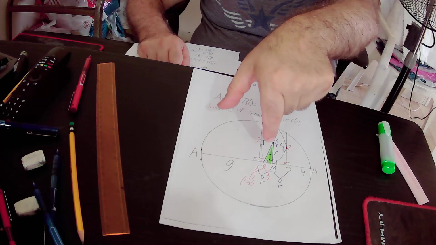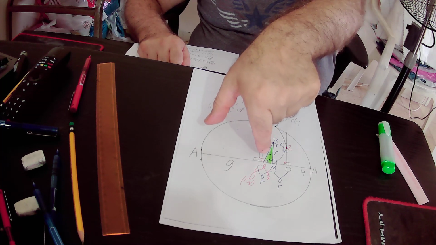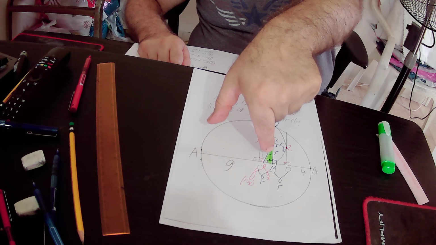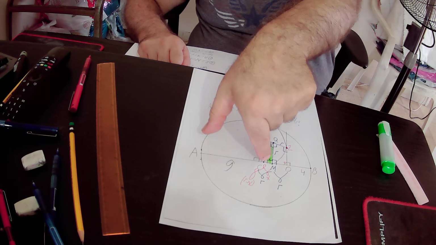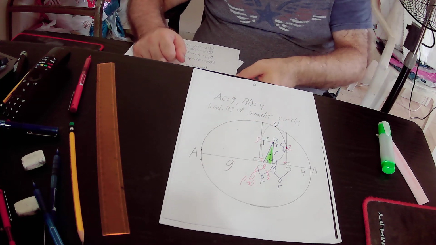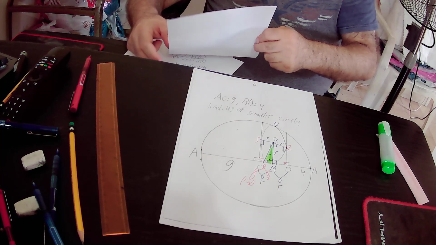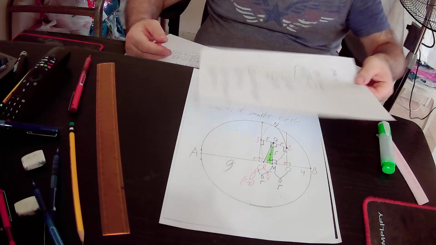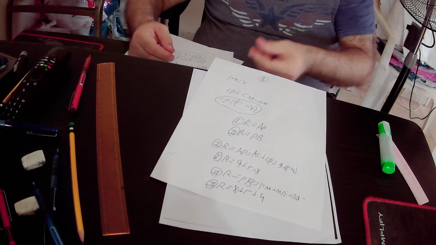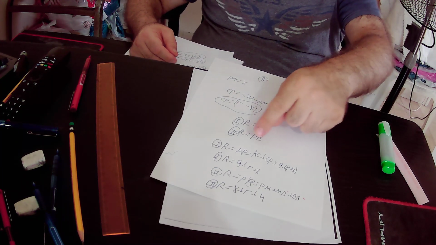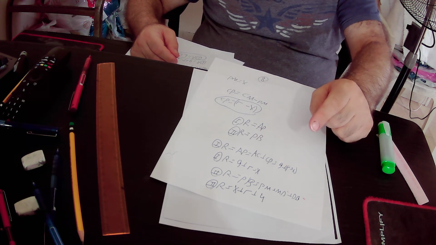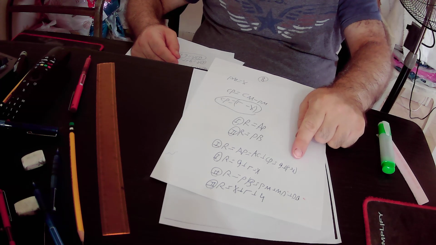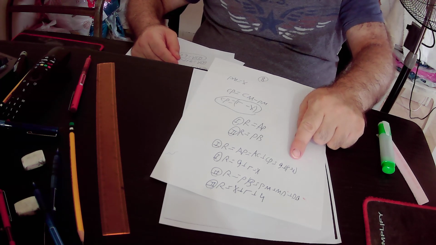The first equation states that the radius of the big circle is AP, because P is the center of the circle, so AP is the radius of the big circle. Equation number 1 states that R equals AP plus AC. So R actually equals 9 plus r minus x.